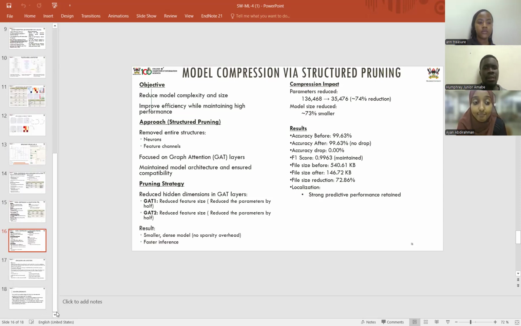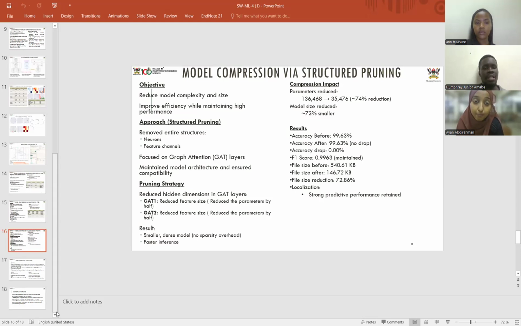Now, if you look at the results on the left-hand side, you can see that the accuracy before was 99.63, and after compressing the model, the accuracy actually remained the same. This shows us that even after reducing the size of our model, the accuracy didn't drop.